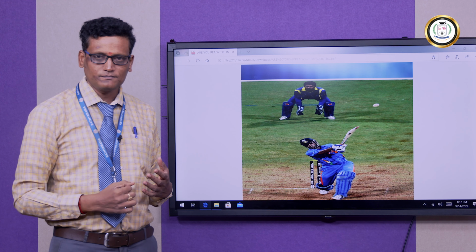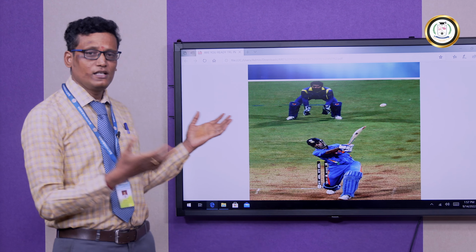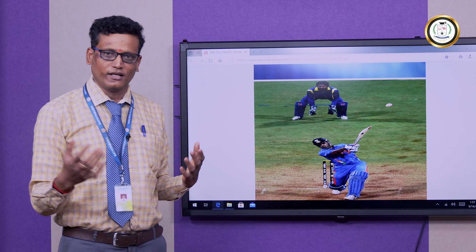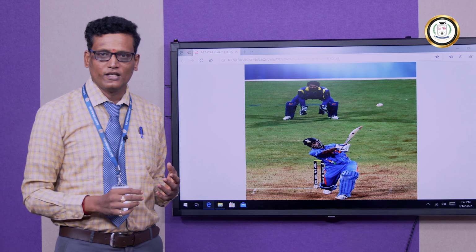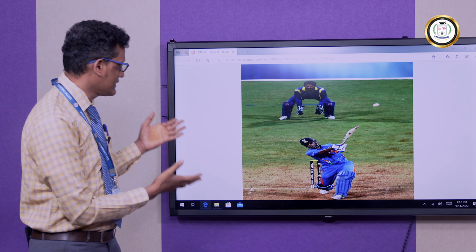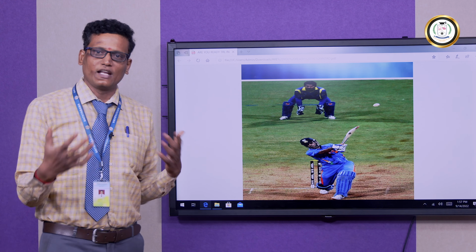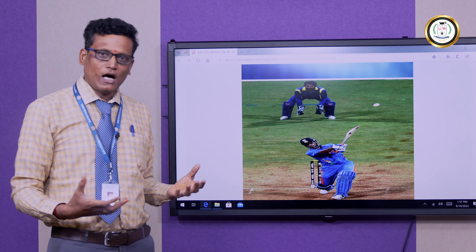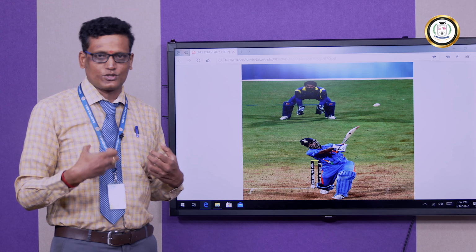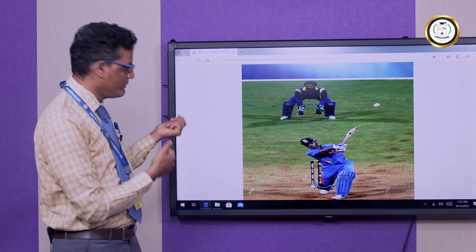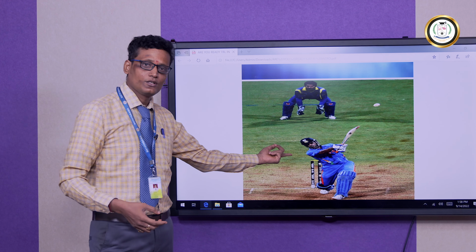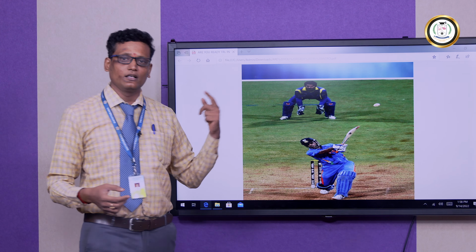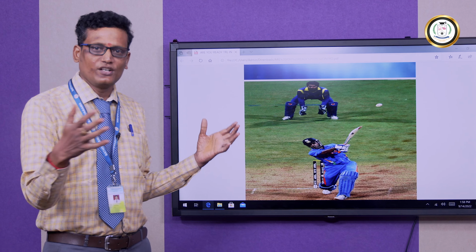Now, you are a textile student or a fashion designing student, and you are showing this picture to present your idea. You can even talk about how, in the slog overs, you may have a lot of tension among the players, how these clothes are going to absorb the sweat, what kind of fabric they might have used or you are going to use in your idea for such players, and how your product can withstand different playing conditions.